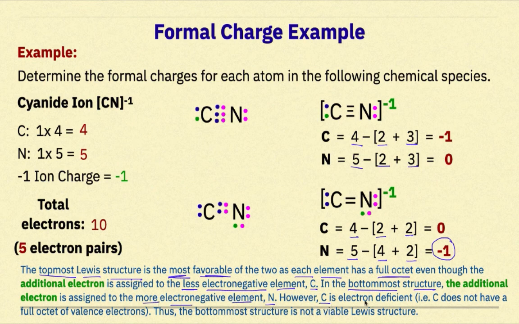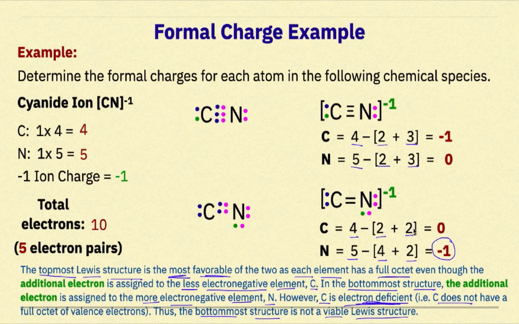However, carbon is electron deficient, and that is the critical difference here. In the top one, they all have their full octet. In the bottom one, the carbon is electron deficient. So in other words, carbon does not have a full octet of valence electrons. Thus, the bottommost structure is not a viable Lewis structure.